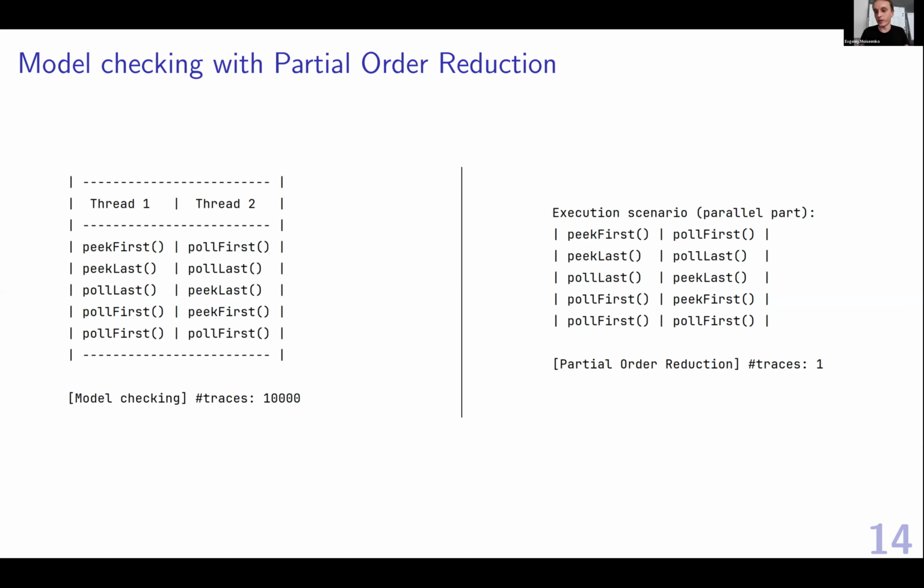It's not that there's some special optimization for this particular data structure in the algorithm. It's just the way partial order reduction works. It can automatically deduce that in this particular scenario, there's no point in trying many interleavings.